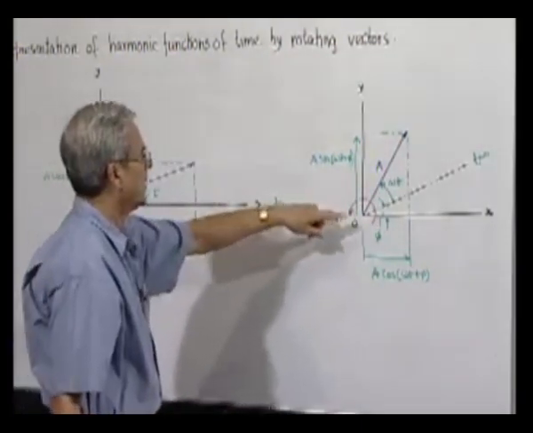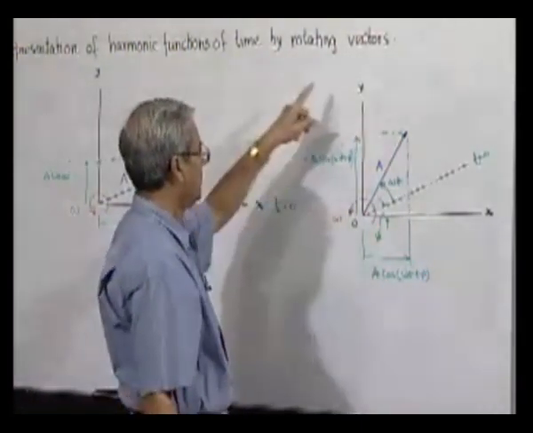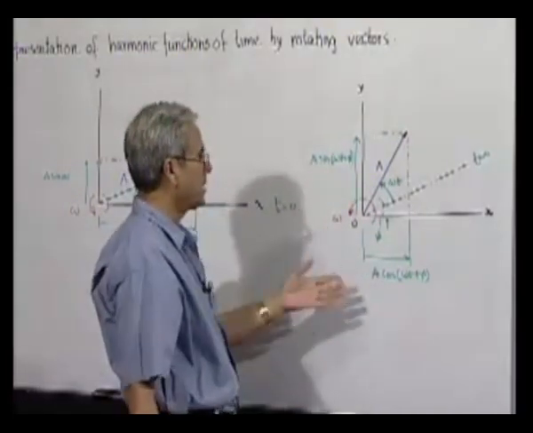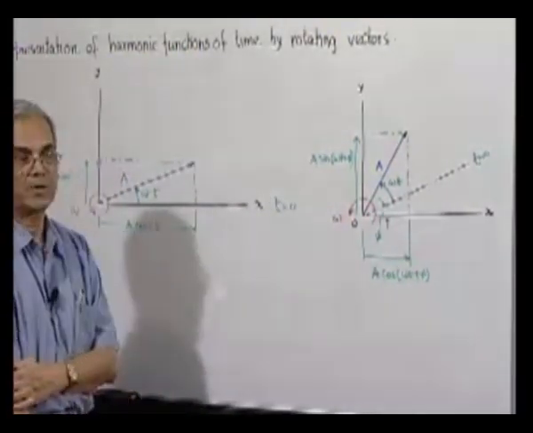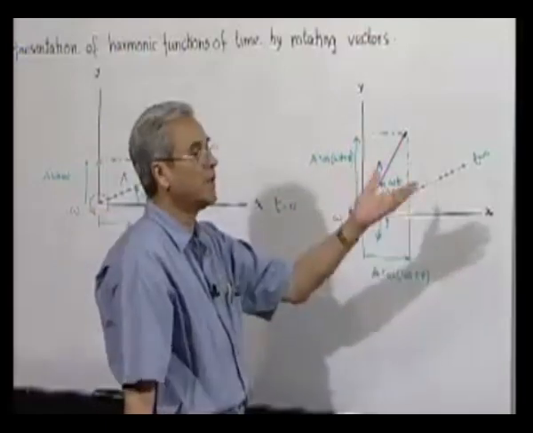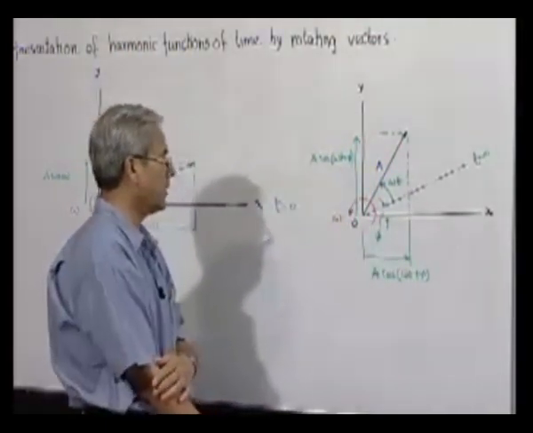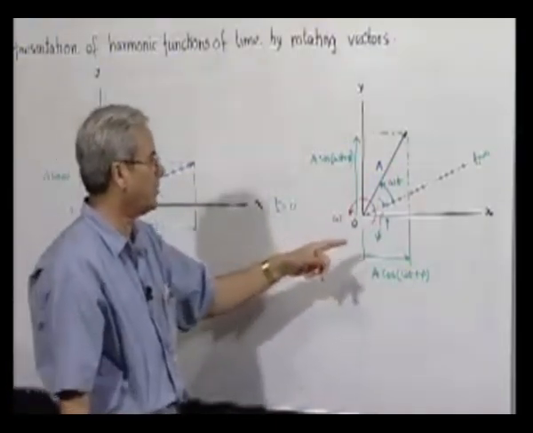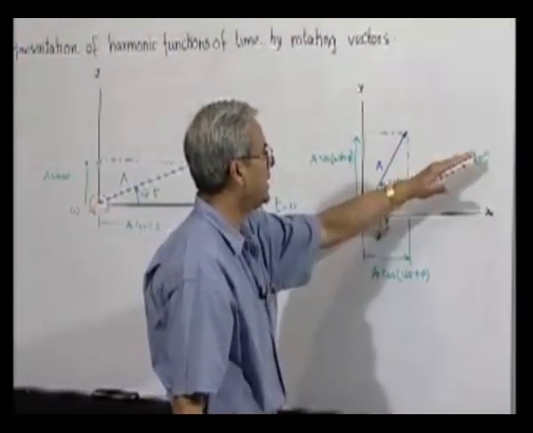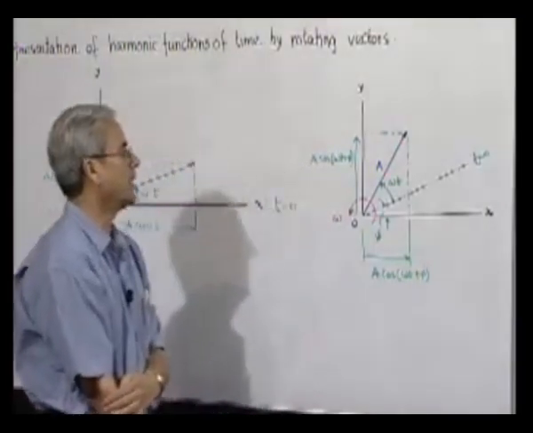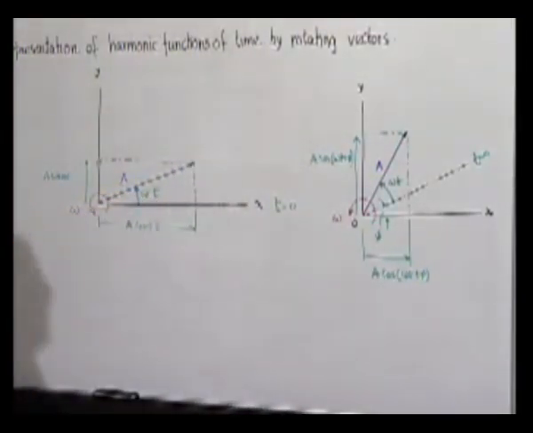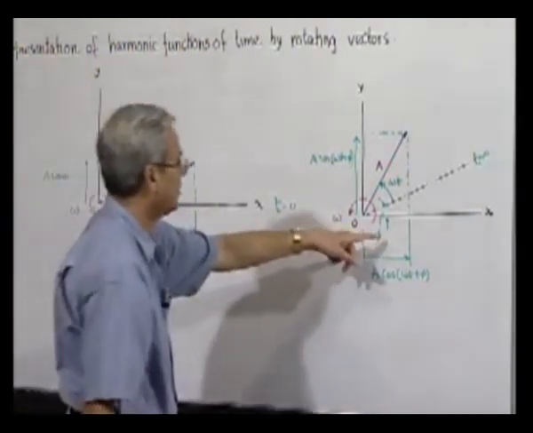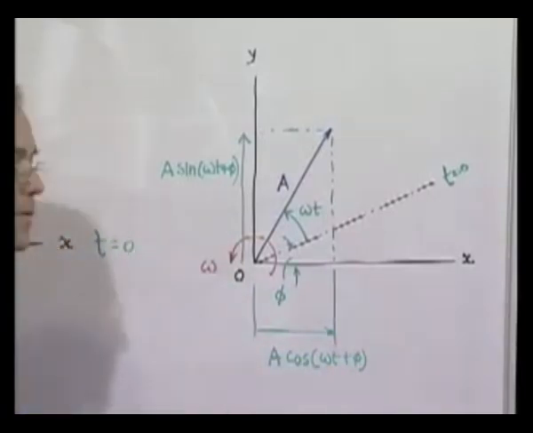Here the angular speed of this rotating vector whose projections are varying as harmonic functions of time corresponds to the circular frequency in radian per second, and the phase difference phi we can always have by suitably taking our location of the vector with respect to the x and y directions along which we are taking the projections. That angle, whatever we select, gives us this phase phi.